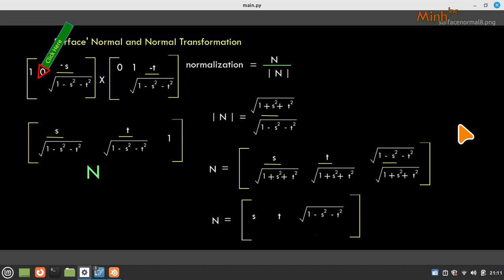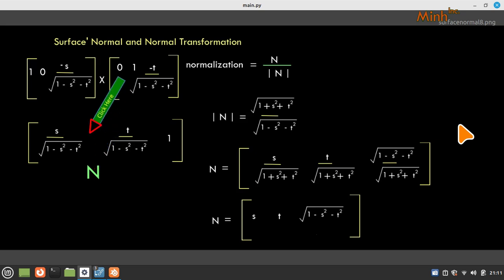So that is the cross. It comes to minus s by this, t by this, and 1. So this is the normal we are talking about. So we got the normal.